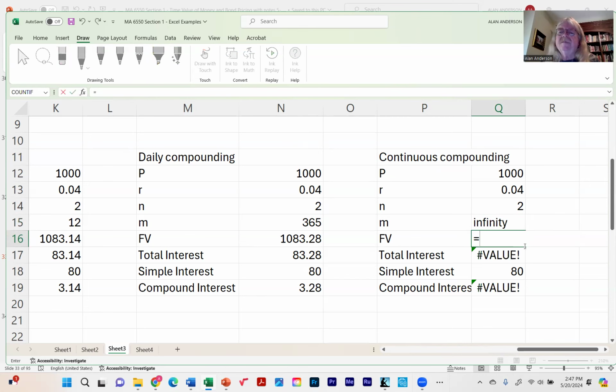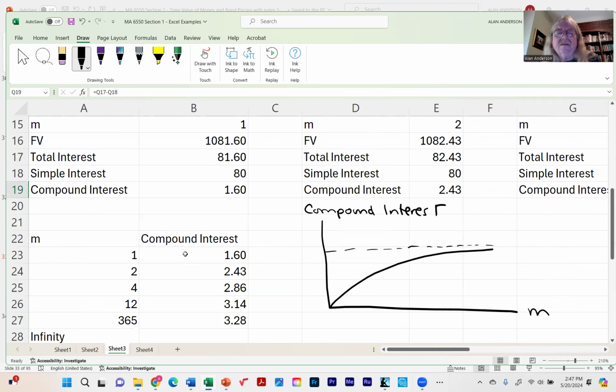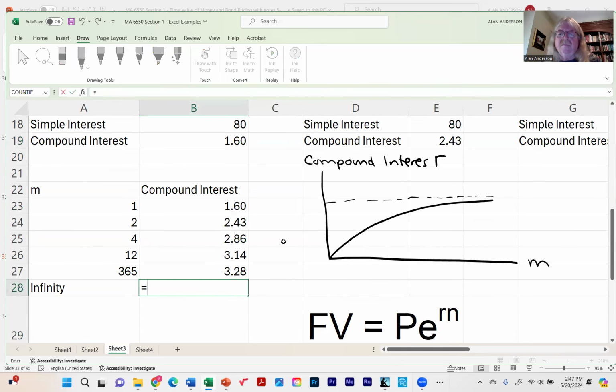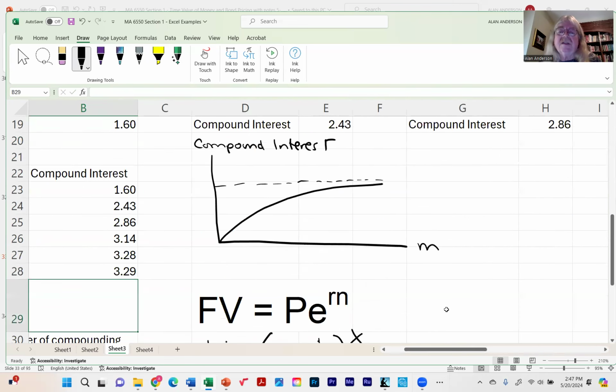So the future value will be P times E, which in Excel is EXP, and then the exponent is R times N. And then the rest falls into place. You can see the compound interest only went up to $3.29. That would be considered the asymptote of this function right here. That's what it's converging to in the limit. That requires infinite compounding frequency.